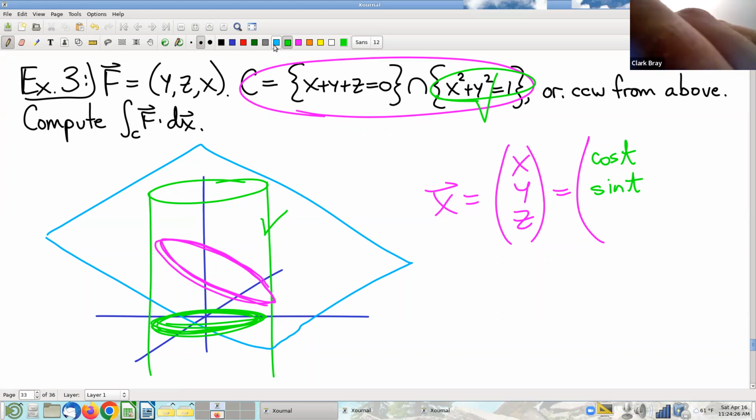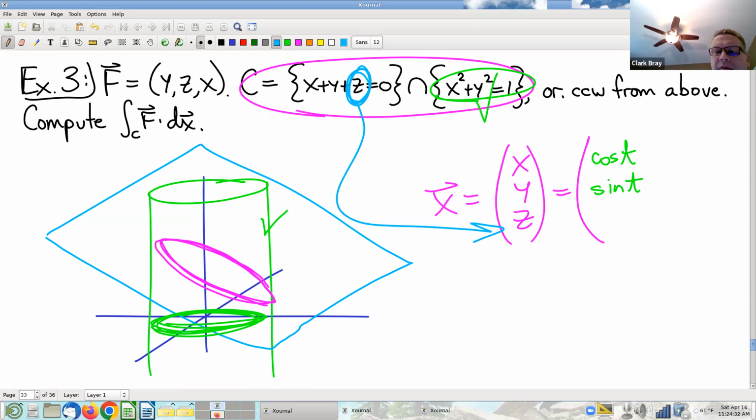The z coordinate: in order to make sure that I stay on the plane, which of course I must, z is apparently going to have to be negative x minus y. And so I can just say minus cosine t minus sine t. And there you go. That is a parameterization then of my curve.